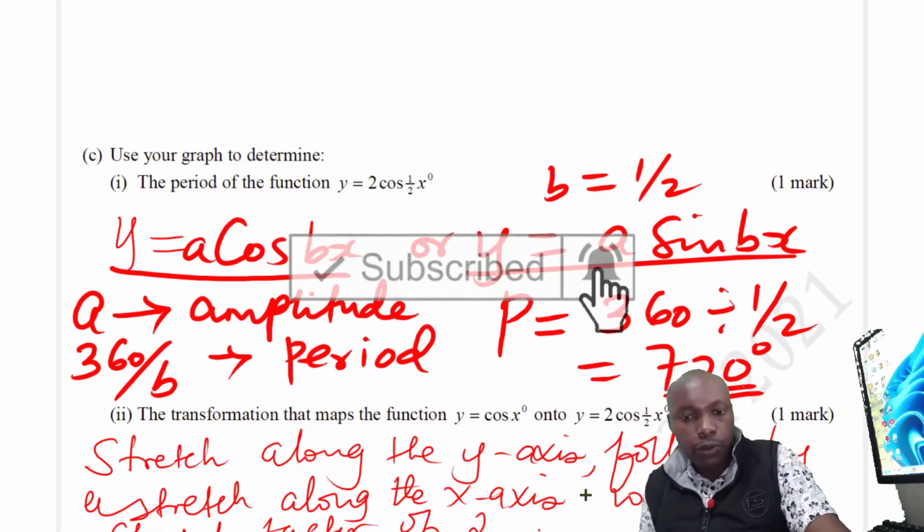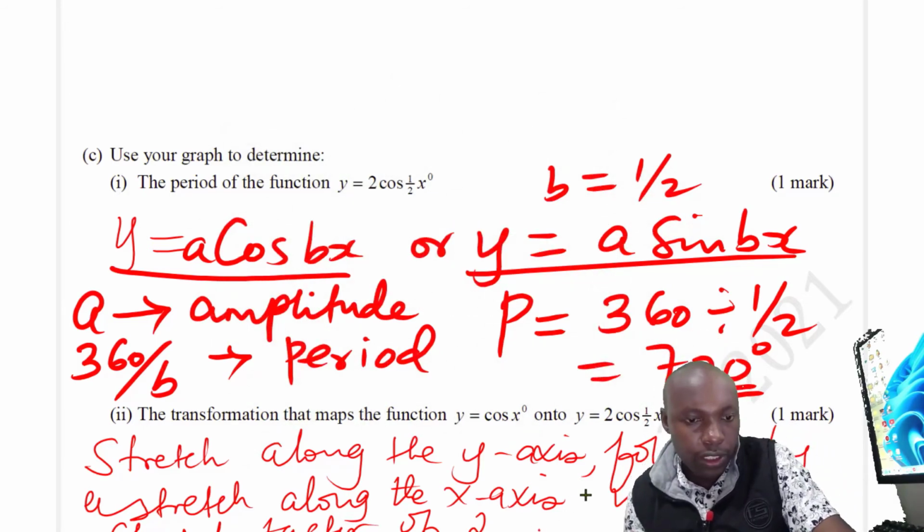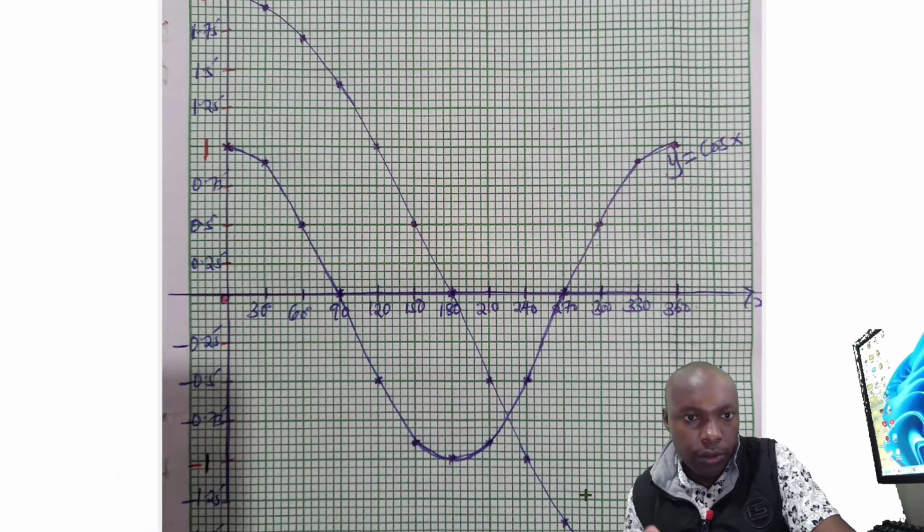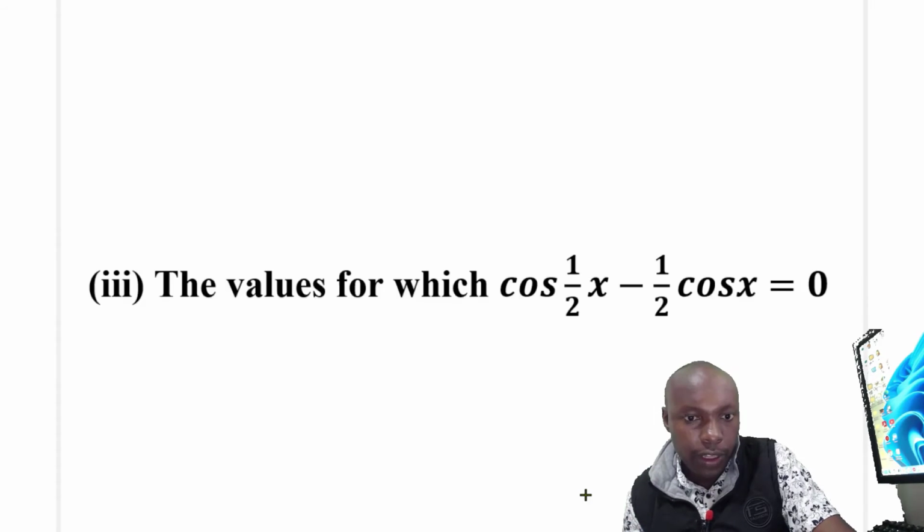That one is fully described by giving that. You have noticed on the y-axis you can see moving from 1 to 2, that is a stretch of factor 2, then from 90 all the way to 180. So that is how you identify that.